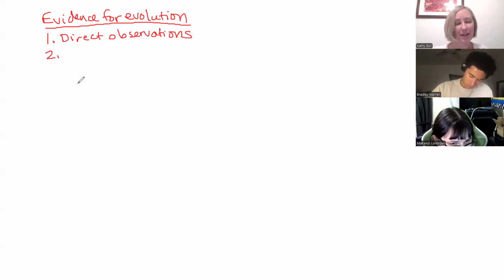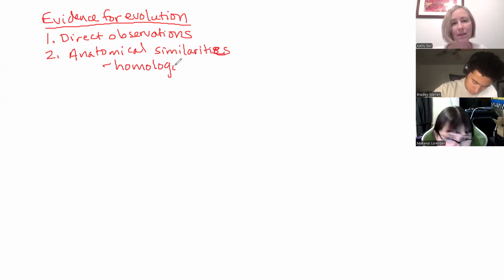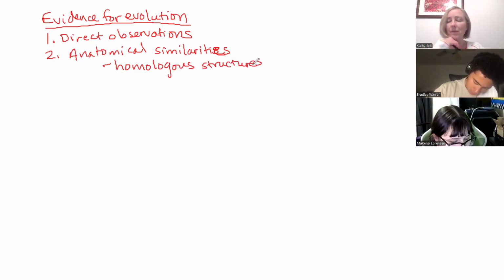We do have some anatomical similarities. These include things like homologous structures. What would be an example of homologous structures?